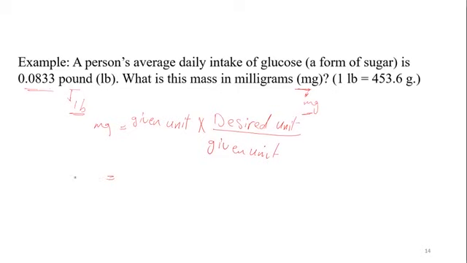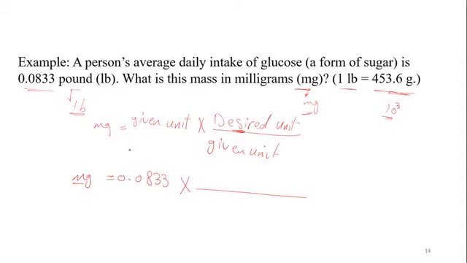So in that case, my given unit was in pound, which was 0.0833, multiplied by my desired unit. I know that 1 pound is equal to 453.6 gram, so I have to further convert from gram into milligram. And from gram to milligram, I have to remember to multiply by 10 to the power 3.